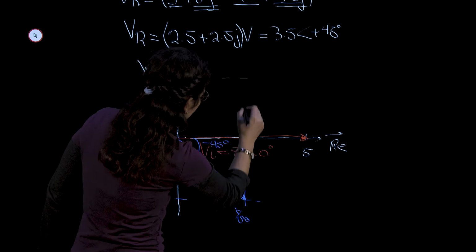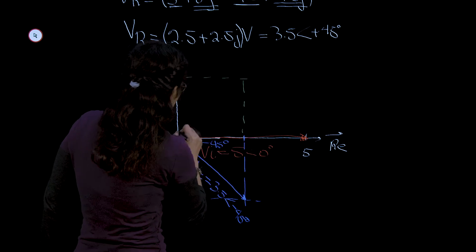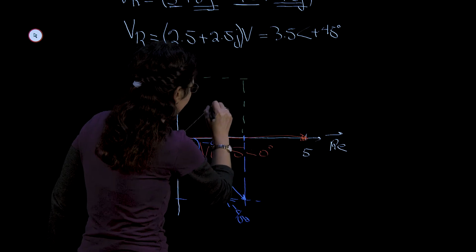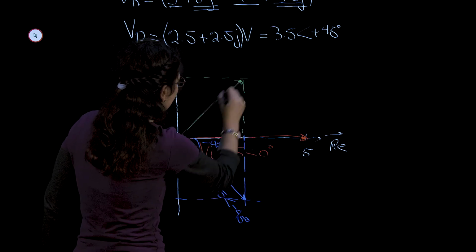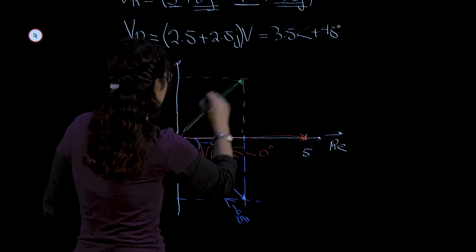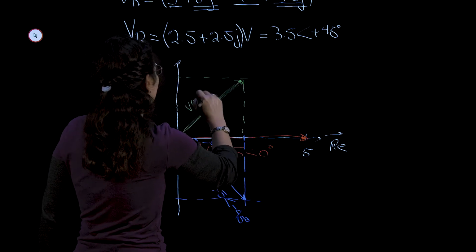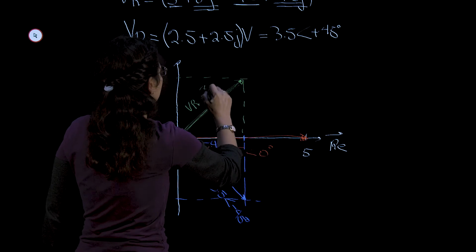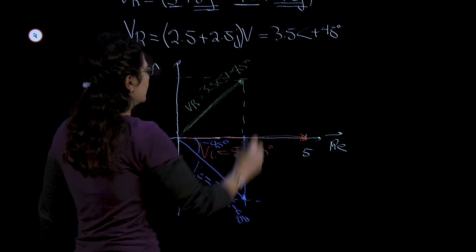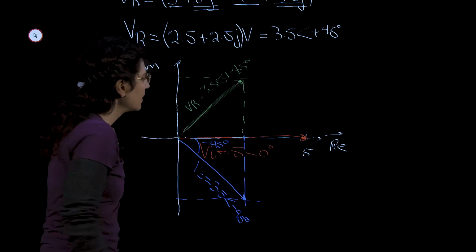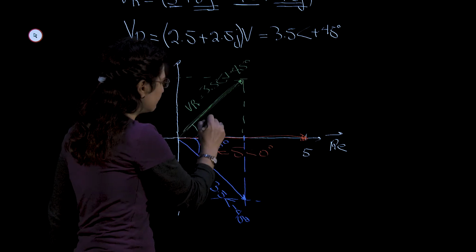So I come here, and this is my voltage in the resistor, which is 3.5 at plus 45 degrees. And then this is also 45 degrees.